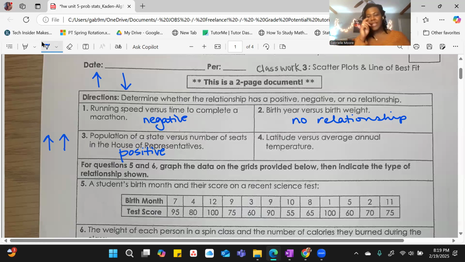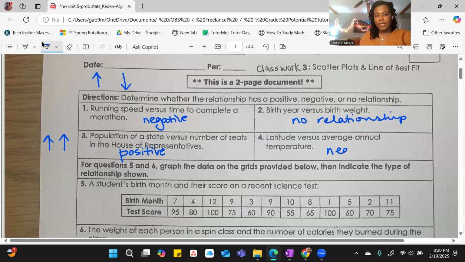Okay. And then finally, number four, we had to look this one up, like how a latitude works. So in both directions, going north and going south, we are increasing the latitude in a way, but then the temperatures go down versus going towards the equator, right? And this is all the physics behind it.